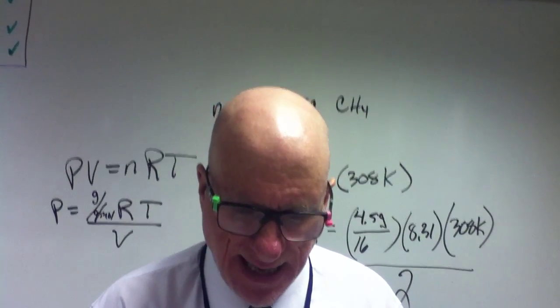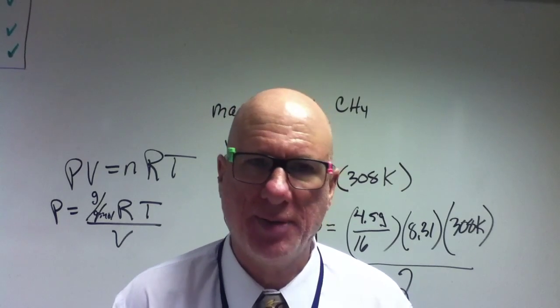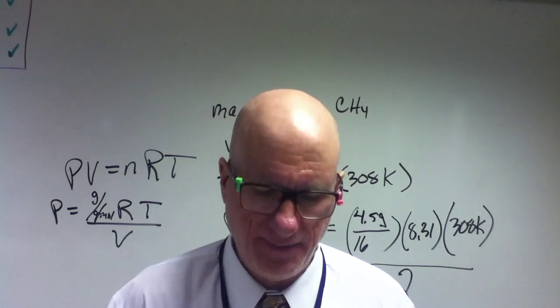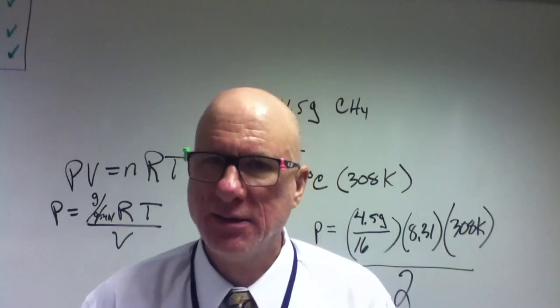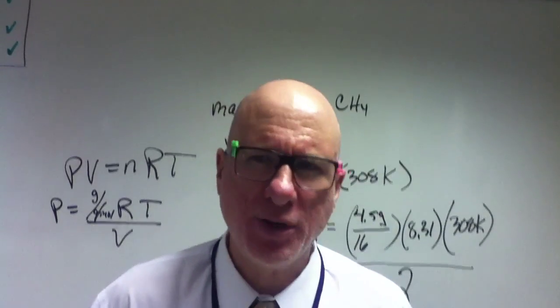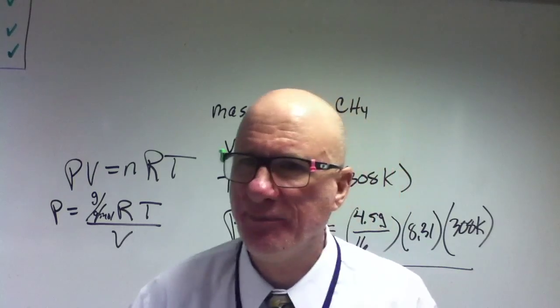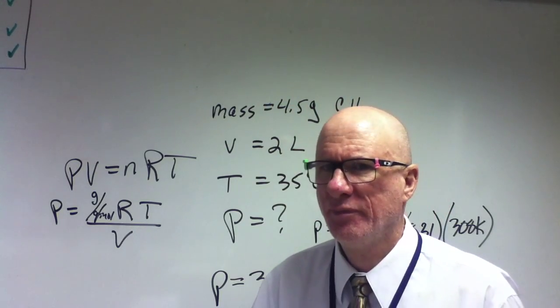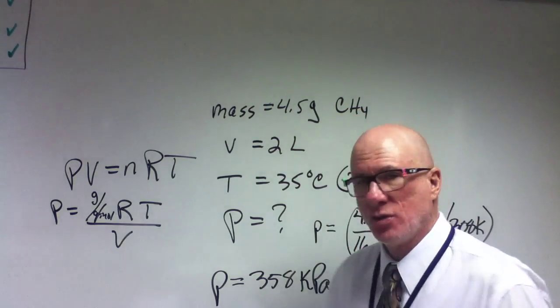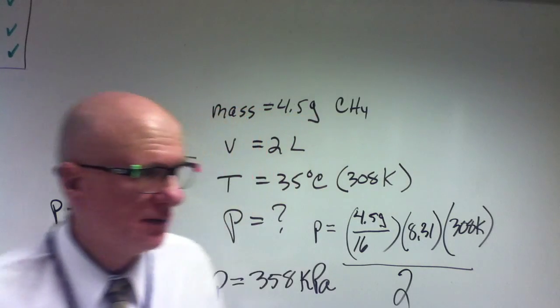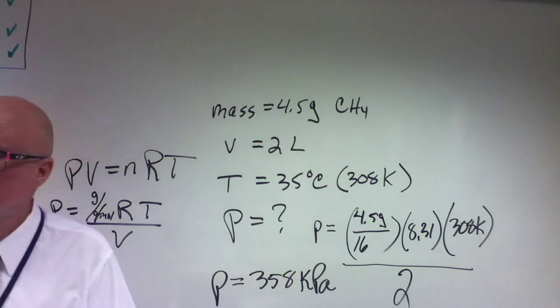Do you see how it's set up on top? Same thing we did, right? 0.28, right? I think they said 0.281. That might have been the difference. That's okay. That's round off error.